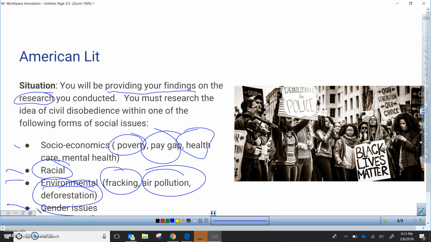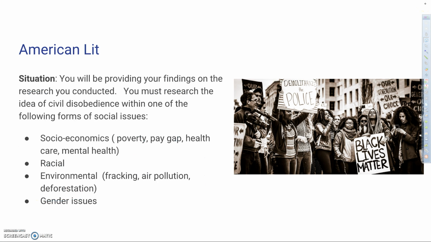All right. So the first thing that you need to do is pick one of these four things to talk about. Once you pick that issue, then you need to decide whether you think that something like protesting or taking a stand or having sit-ins or whatever it is, do those kinds of actions actually help in terms of creating social change, in terms of actually sending a message?